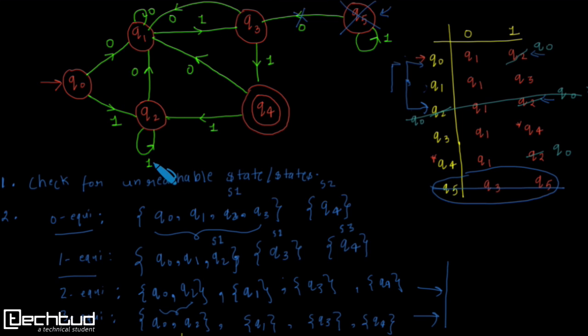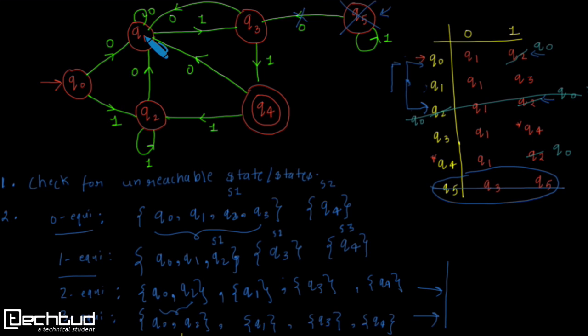Now check for one equivalent states. One equivalent states are those states that can reach the final state by applying an input of length 1. You can see that Q0, Q1 and Q2 cannot reach the final state by applying an input of length 1. If you apply an input of length 1 at Q0, you reach only Q1 and Q2, which are not final states.